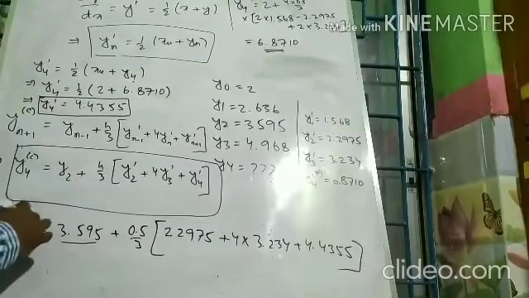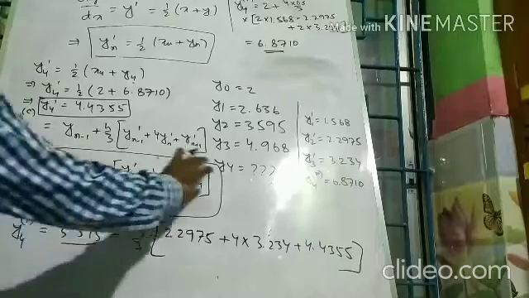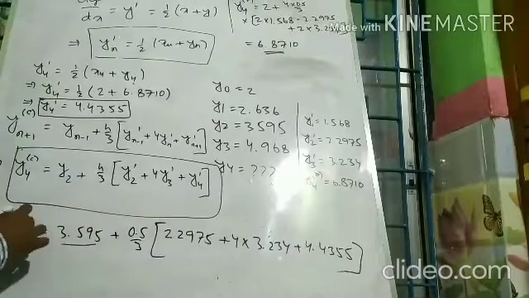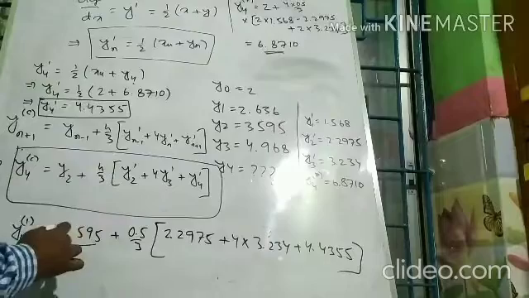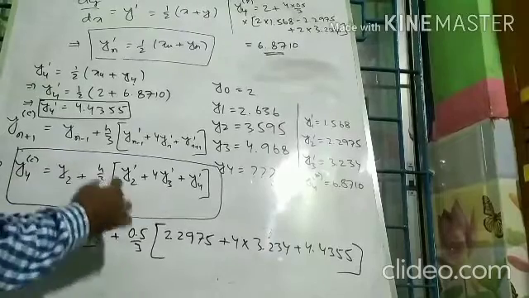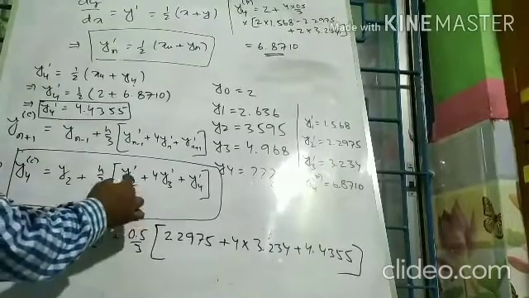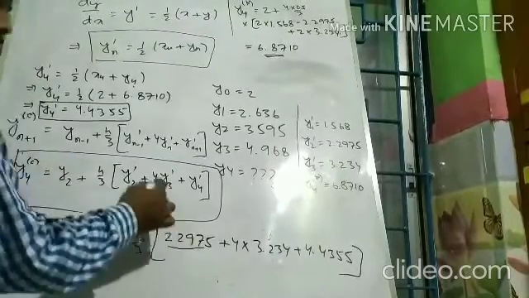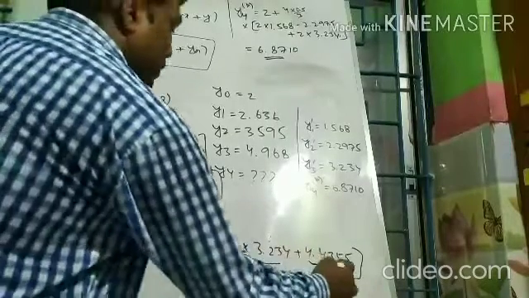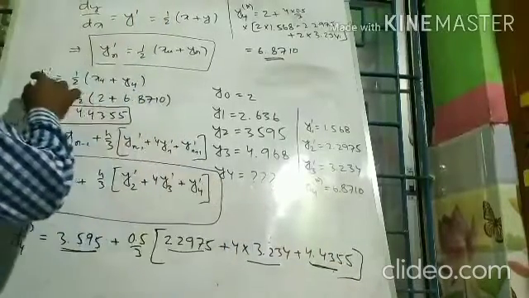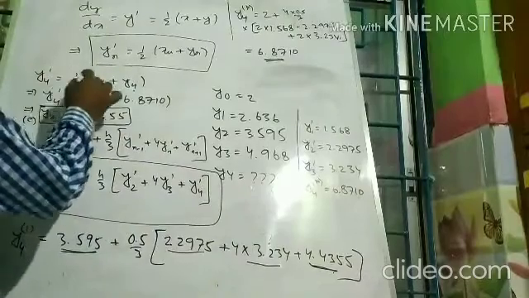The first iterative value of y4, written y4 in bracket 1, is calculated using the corrector formula. So that is y2, which is 3.595, plus h by 3, 0.5 by 3, times y2 prime plus 4 into y3 prime plus y4 prime. y4 prime is calculated from half x4 plus y4, where y4 is from Milne's predictor formula, y4p, which is 6.8710.